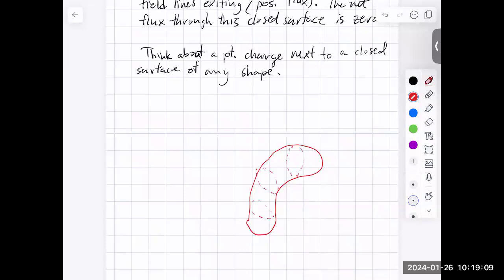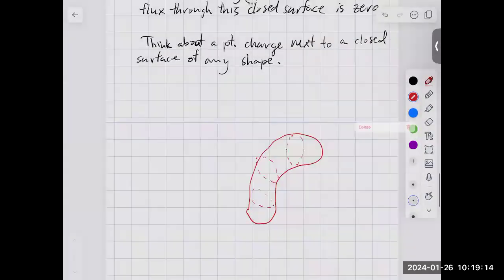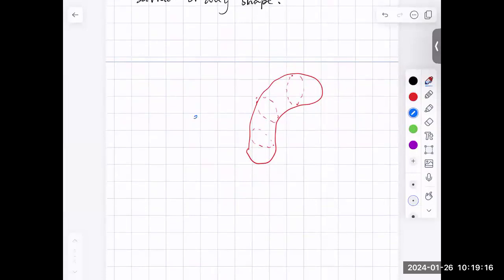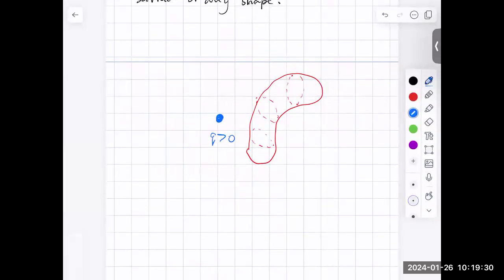And then I'm going to place a point charge next to it. We'll start with a positive point charge, Q greater than 0. I'm going to move it a little bit closer to my Cheeto. Okay, so there it is. And all I'm going to do is draw the electric field of this point charge.